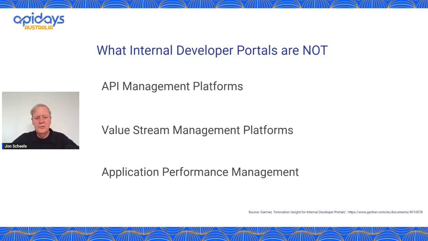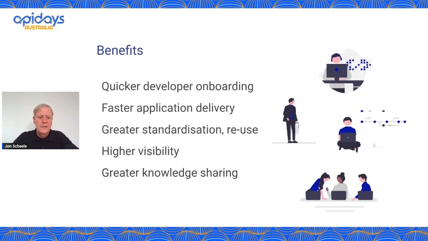The developer portal is also not the value stream management platform or the application performance management platform. These are tools that are used by the infrastructure specialists, and they provide different points of view about the technology stack.